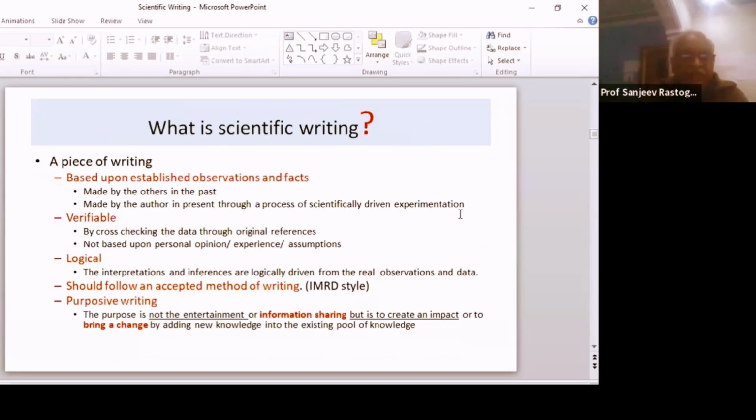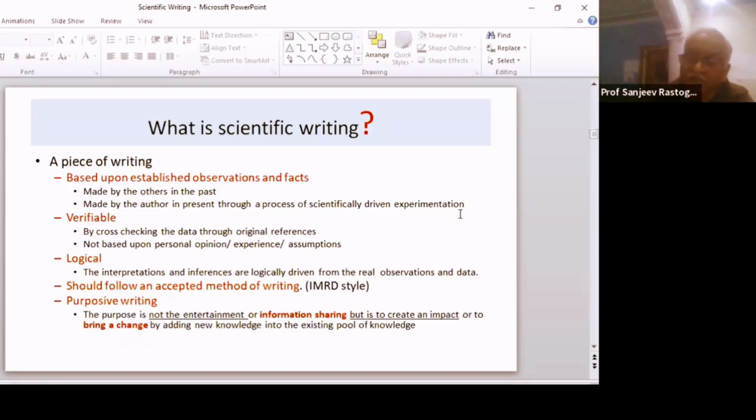Scientific writing, if you want to define it, is a piece of writing which is based upon established observations and facts. This is a very important criterion which defines scientific writing. When we say it is based upon established observations and facts, this says that these are observations made by others in the past, or facts established by others in the past, or observations made by the author through a process of scientifically driven experimentation.